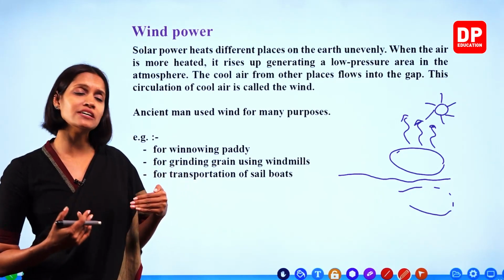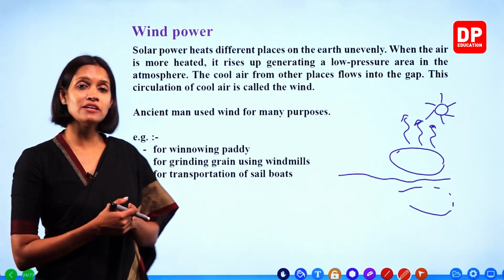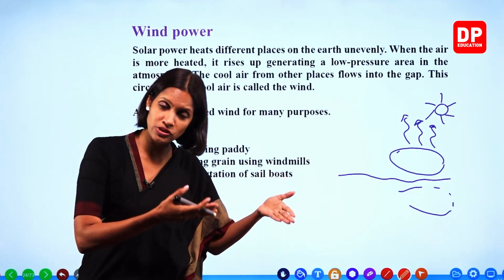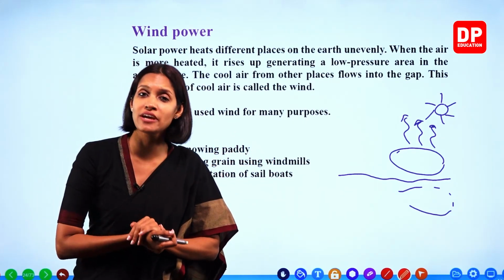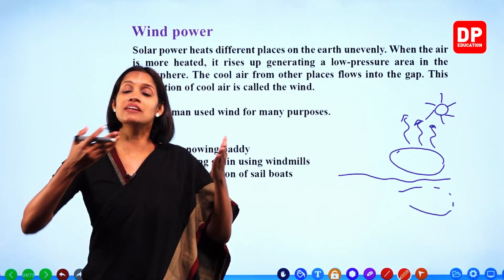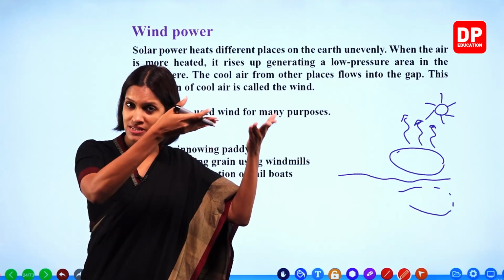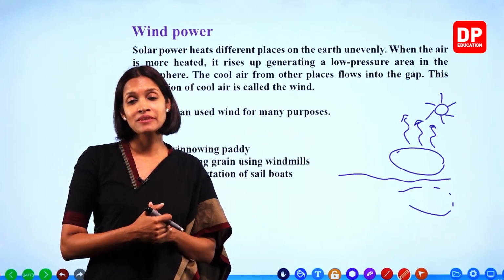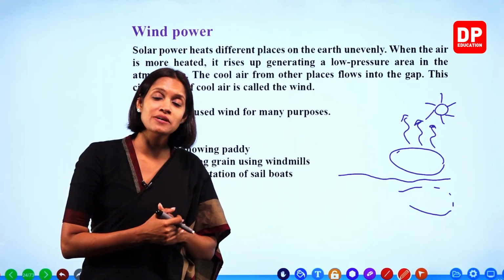Even last year we learned about this winnowing paddy. In order to separate the good paddy from chaff, what we have to do is allow the paddy to fall from a certain height against the flow of wind. Right? So then what happens?